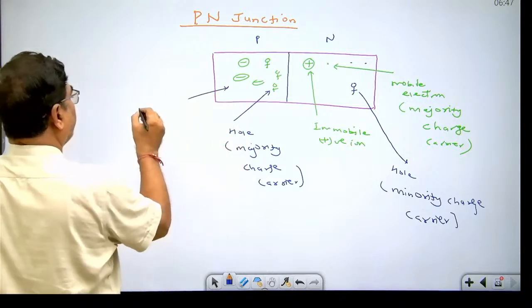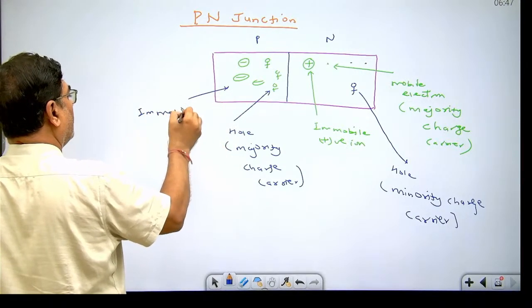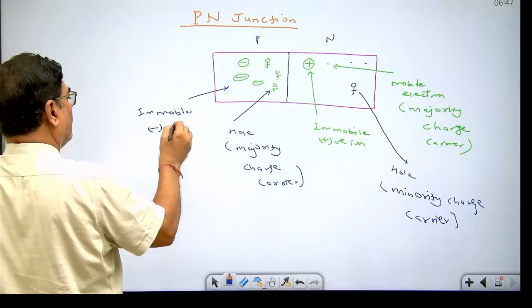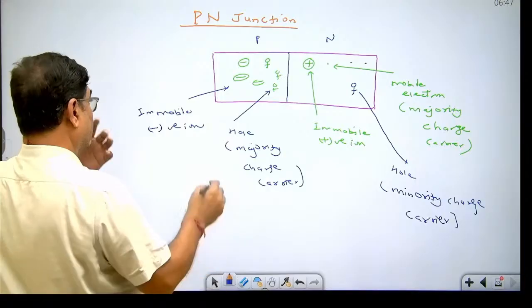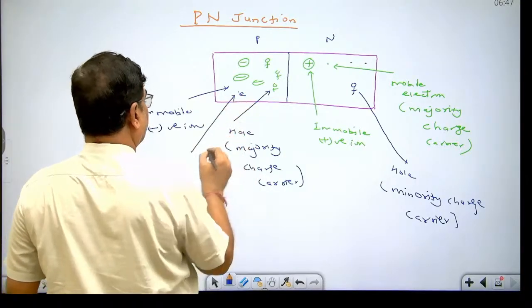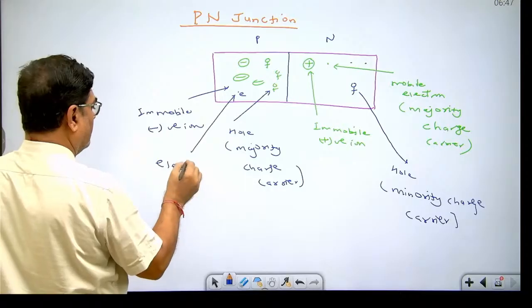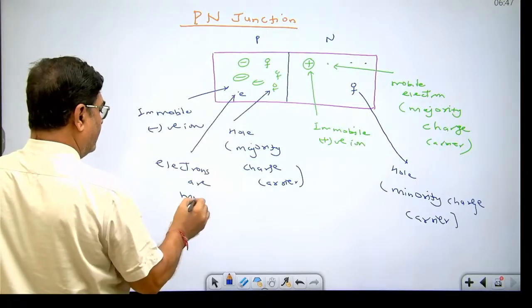This is immobile negative ion. And electrons are minority charge carriers.